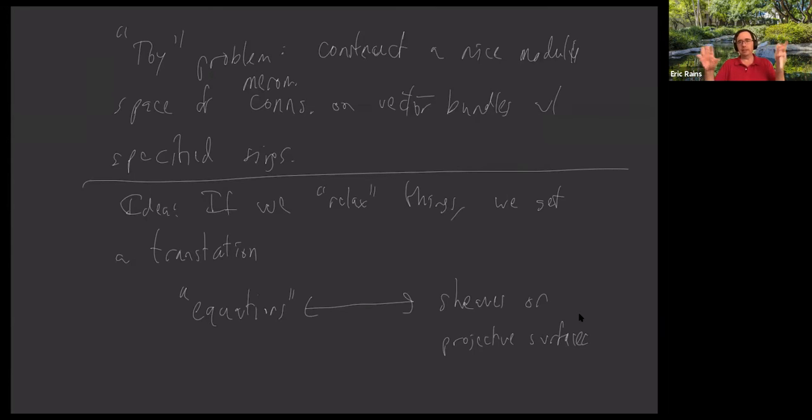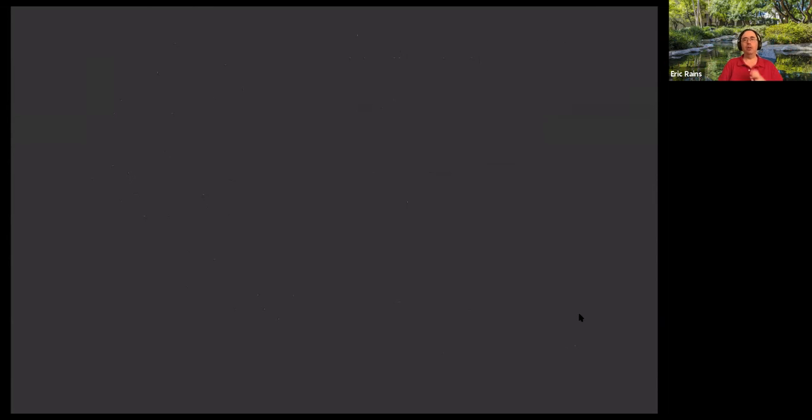But this definitely is a much more complicated thing. So let me put that off for a long time, talking about the non-commutative picture. Okay. So how do we make this work for connections?